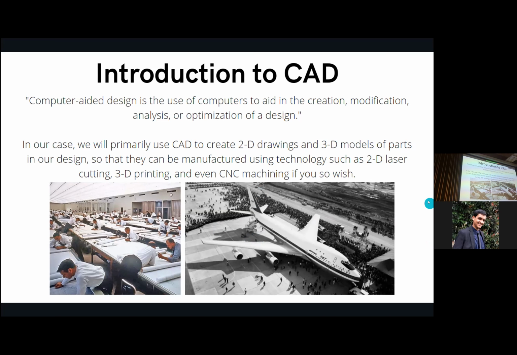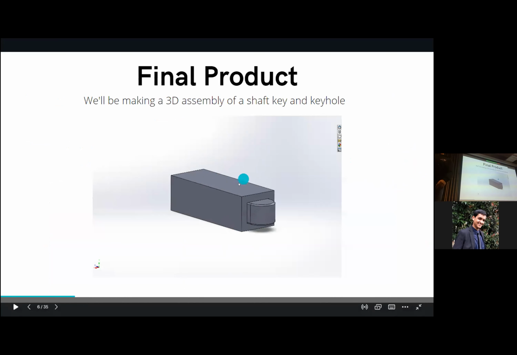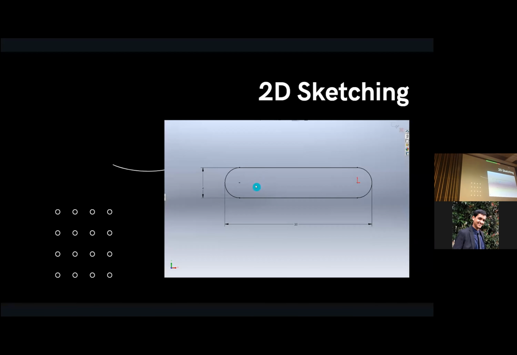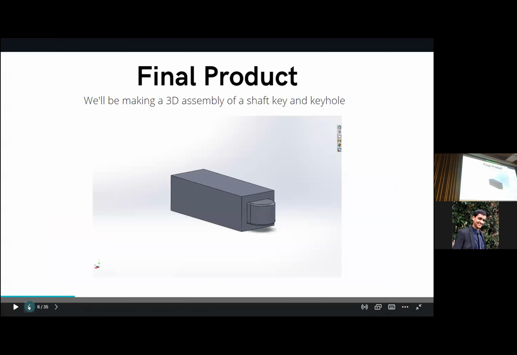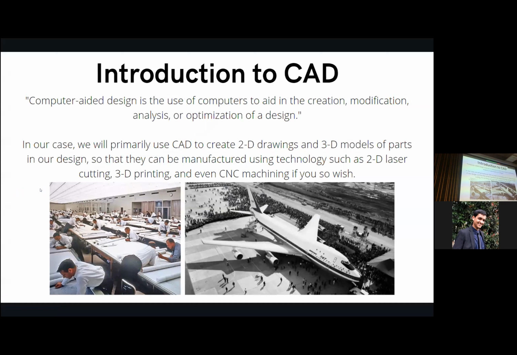But we'll be going through some SolidWorks today. And we're going to be making a 3D assembly of a shaft key, which is just that thing over there, and a keyhole for that shaft key. What was computer aided design again? Computer aided design is just us using computers to design engineering components instead of having to draw them by hand.